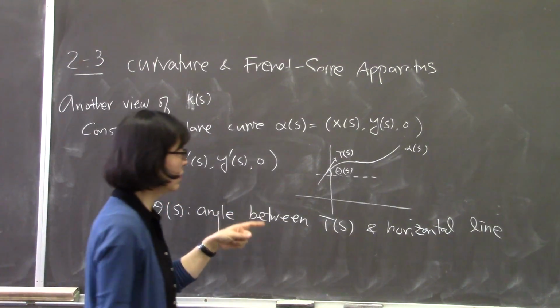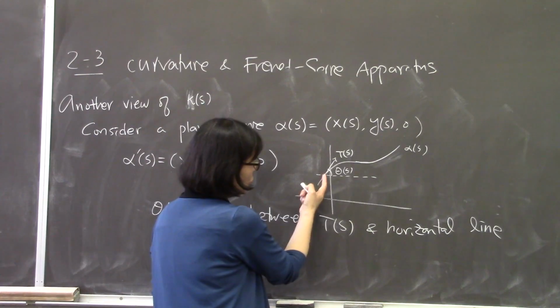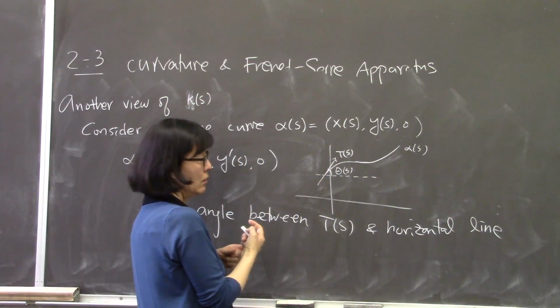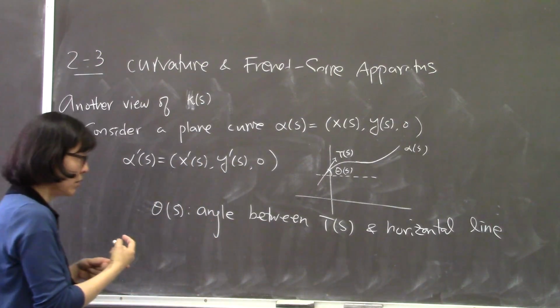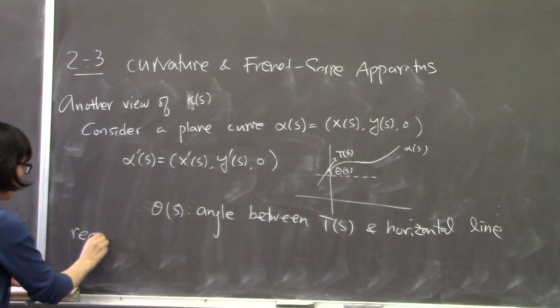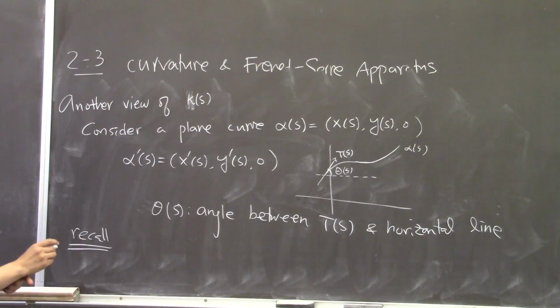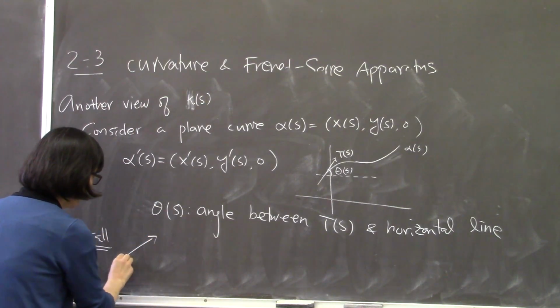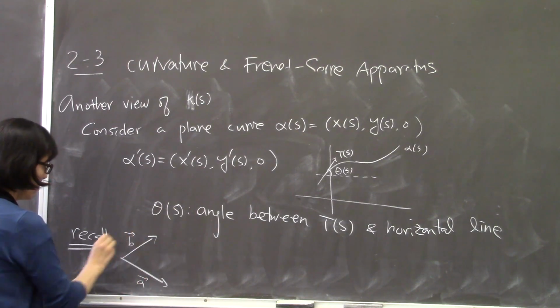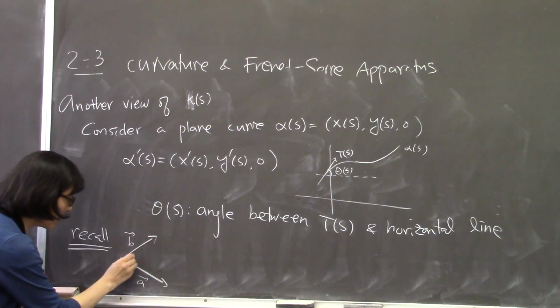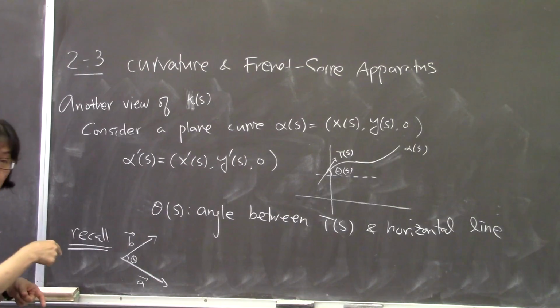So we have actually two vectors, and theta is the angle between two vectors. If you remember from calculus, if you have two vectors, A and B, then we have an angle theta between the two.